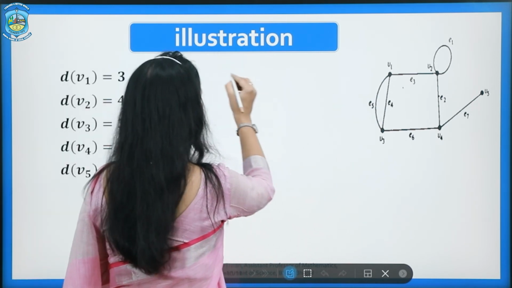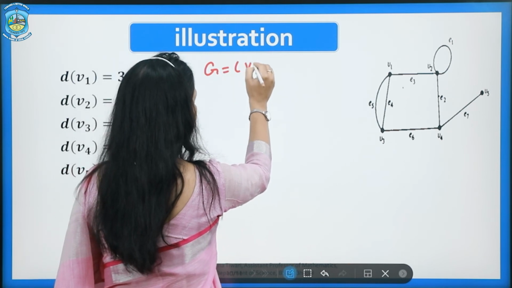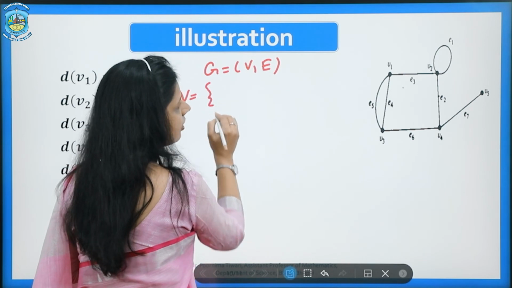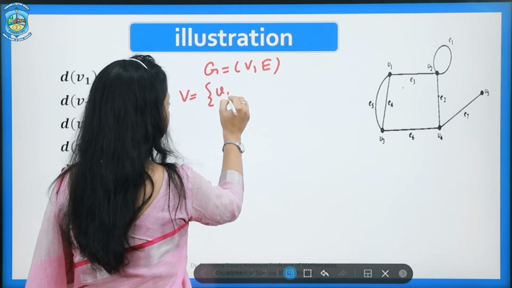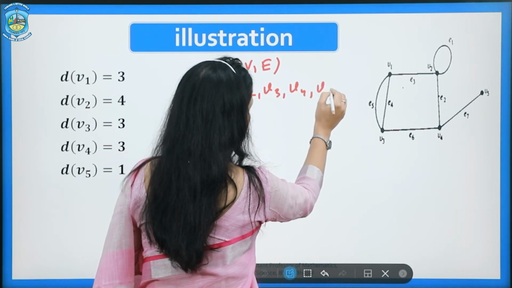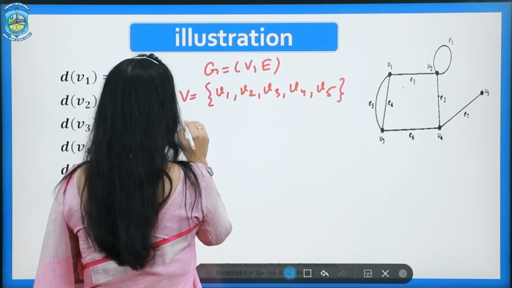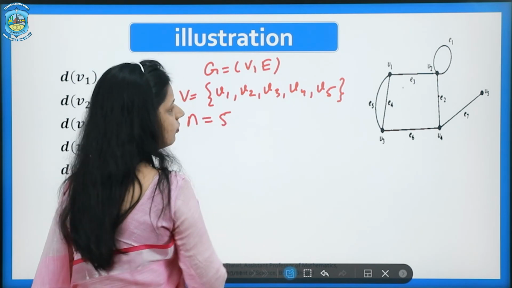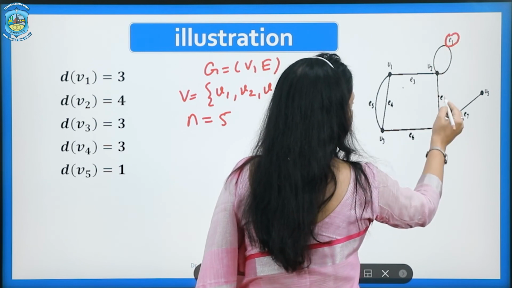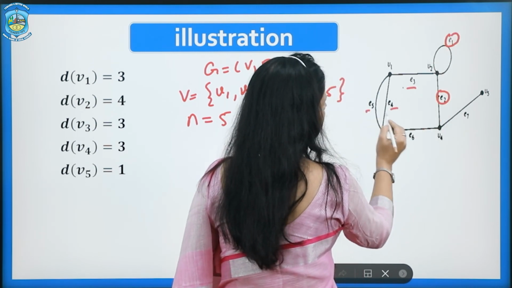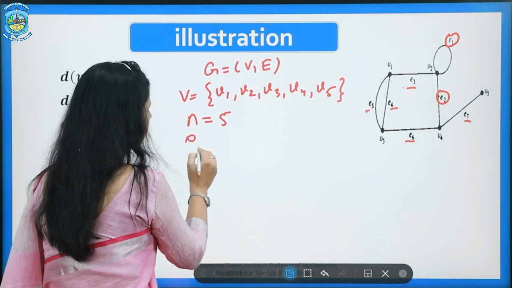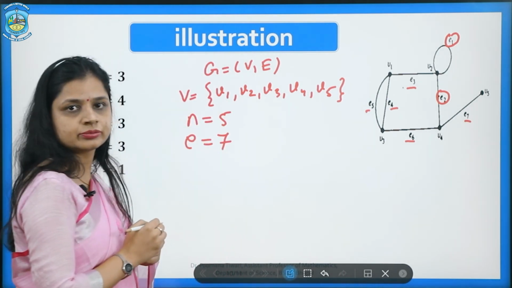Suppose I consider this graph G equal to (V, E), where it has 5 vertices V1, V2, V3, V4, V5, that is, n is equal to 5. And the set of edges has elements E1, E2, E3, E4, E5, E6 and E7. That is, the number of edges is 7.